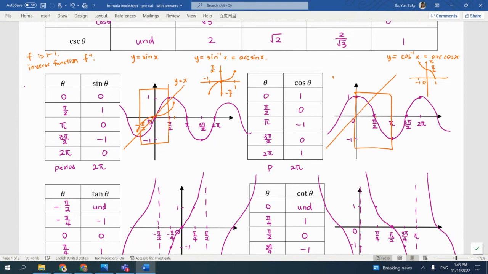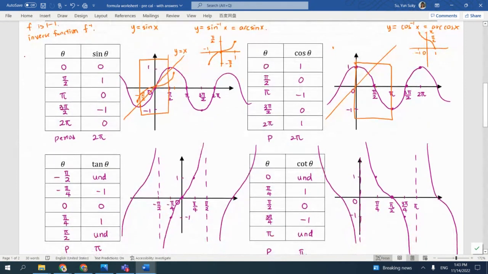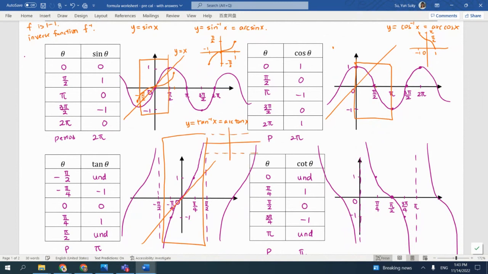How about tangent? What's the graph of arctangent? Well, you pick the one-to-one piece, and then you flip it over about the line y equals x. Therefore, we get horizontal asymptotes now.